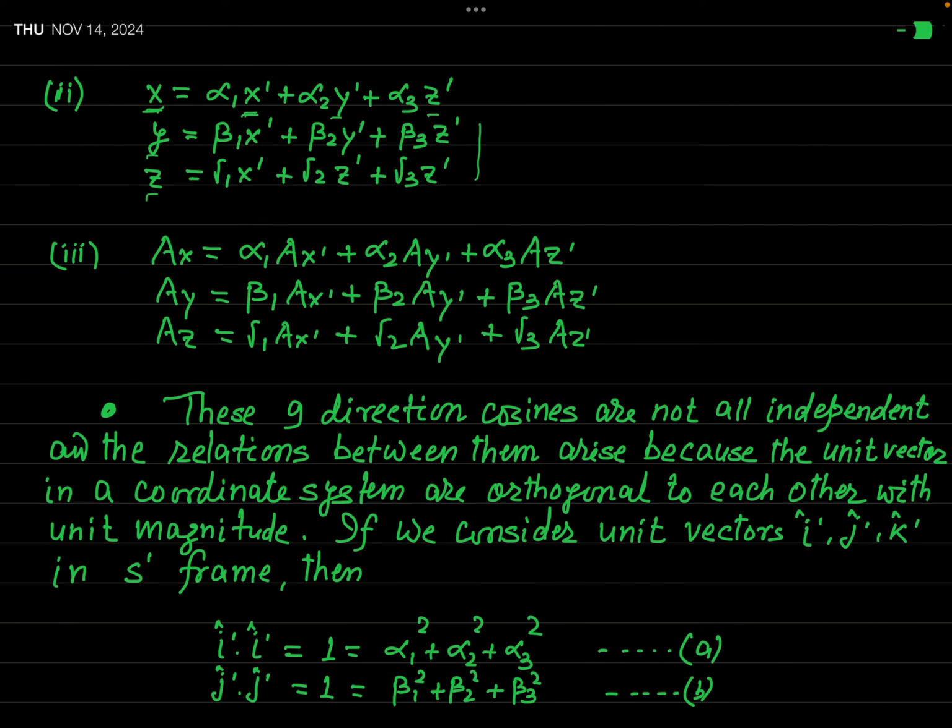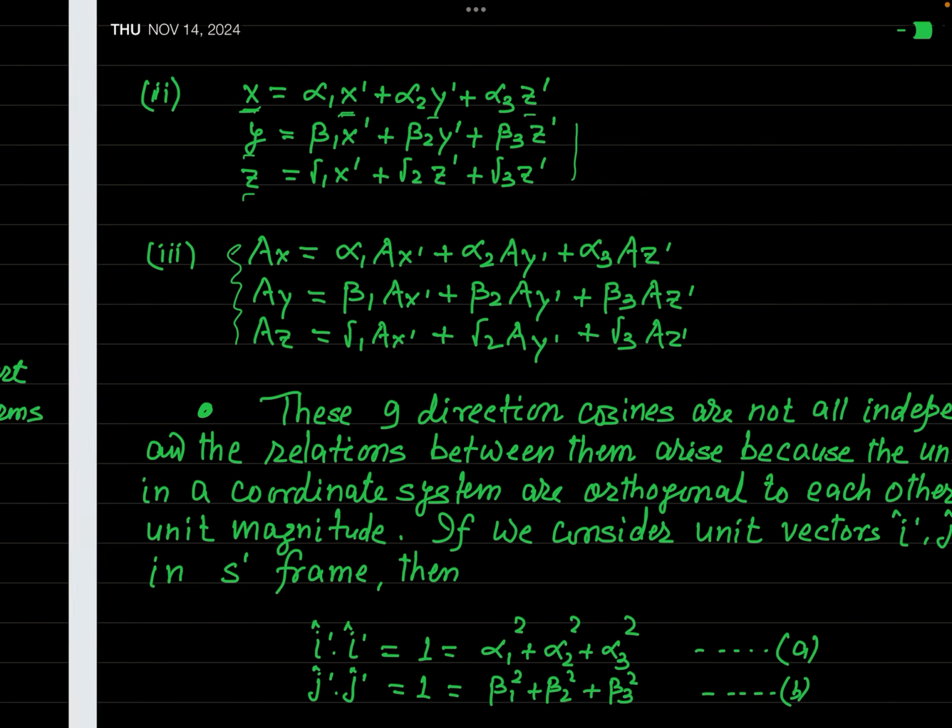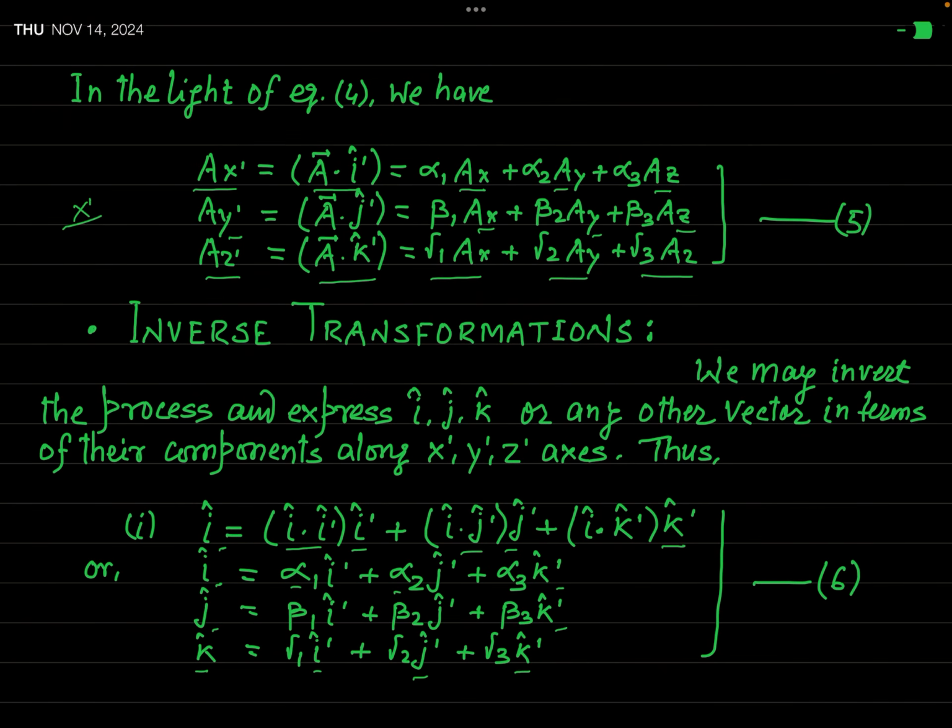Similarly, for an arbitrary or general vector A, if your aim is to express its components Ax, Ay, Az in S frame in terms of the components Ax prime, Ay prime and Az prime in frame S dash, then a result similar to this will hold. What we will do for getting those results?